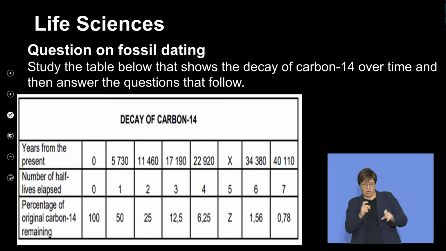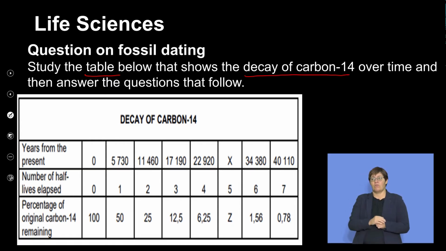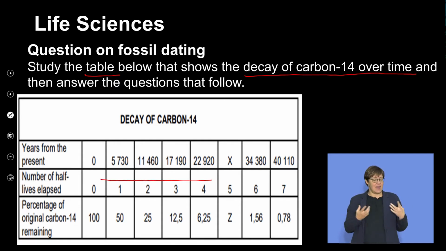Sometimes questions are actually asked using this information, and we're going to have a look at one question now, to see how questions are asked. Okay, so we start off, study the table, and that is showing how the decay of carbon-14 occurs over time. The key thing is the number of half-lives that have elapsed.